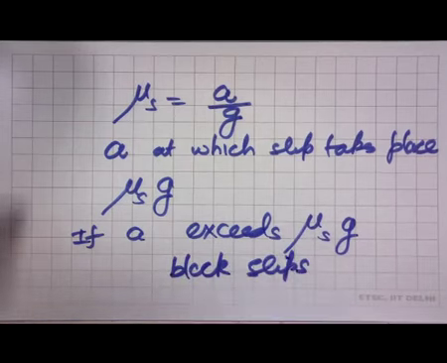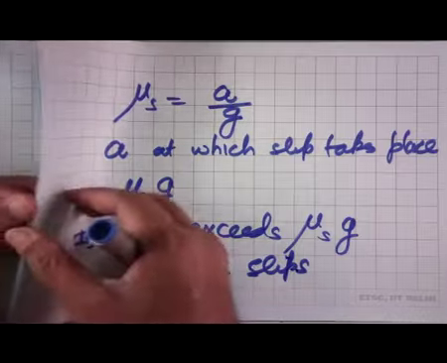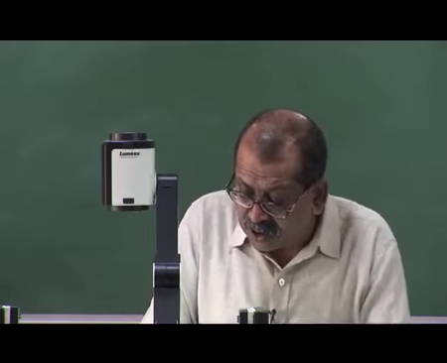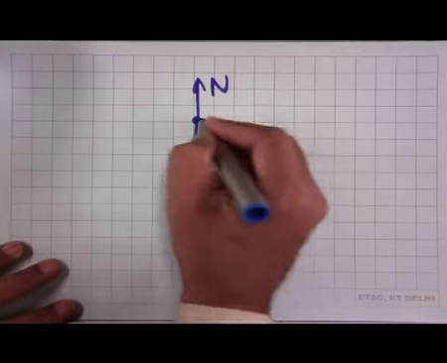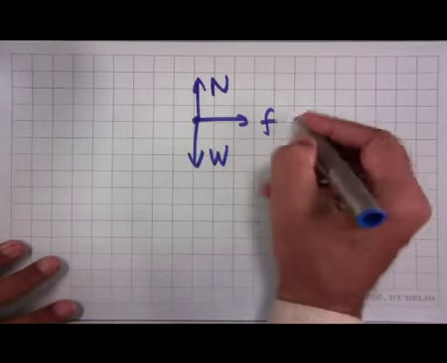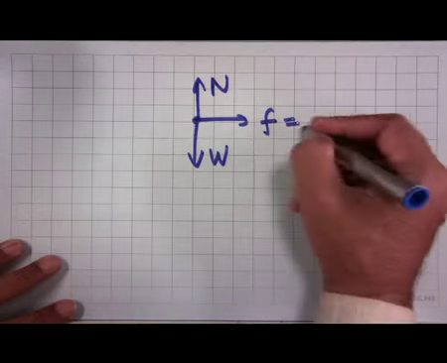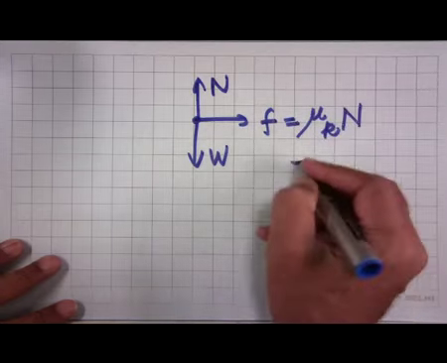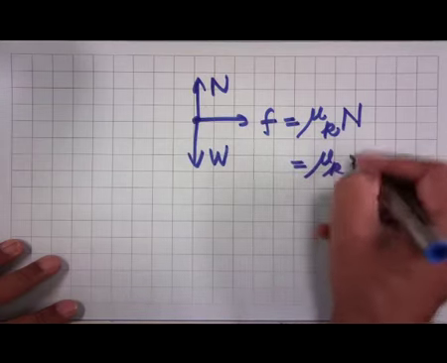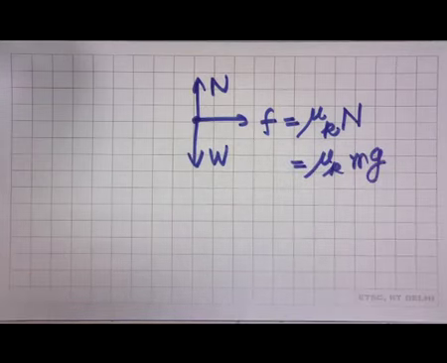the block slips, and then once the block slips, what we will have is the free body diagram. We will have N, we will have W, we will have friction, and this will be equal to mu k times N, and this will become mu k times mg, and then we can apply the relations.